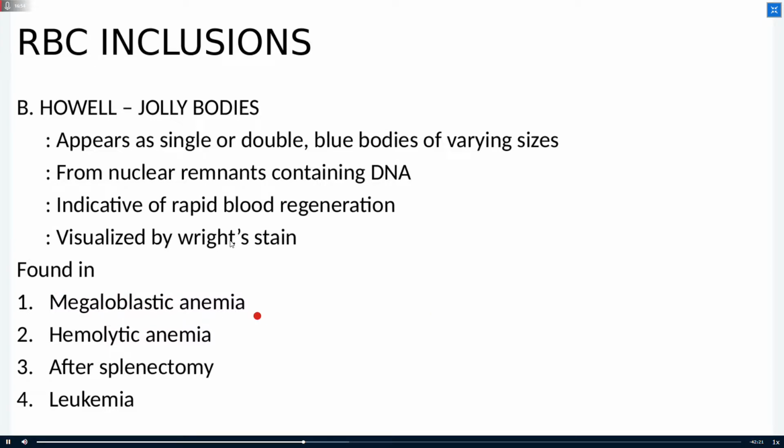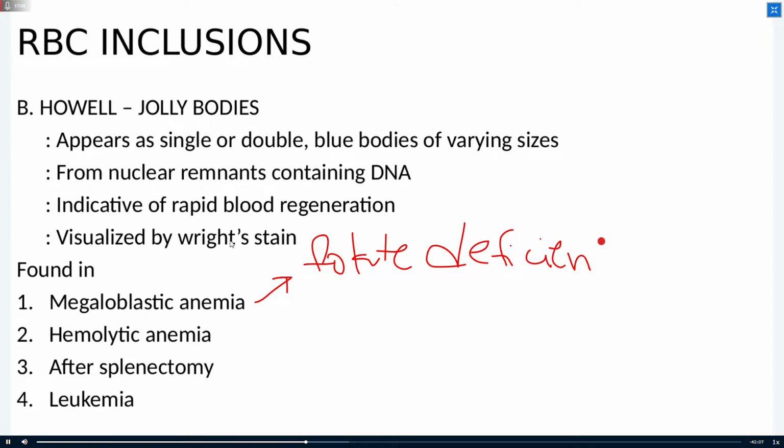RBC. Okay. In megaloblastic anemia, class, you have to remember this. This is caused by folate deficiency. What is folate? Have you heard the word folate? Folate is what? Vitamin B9.